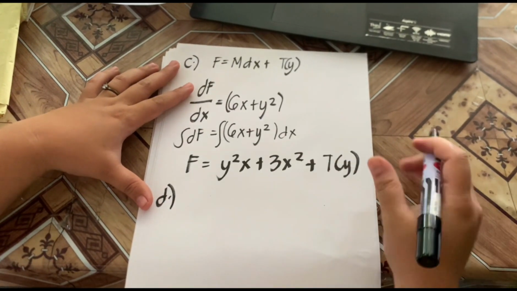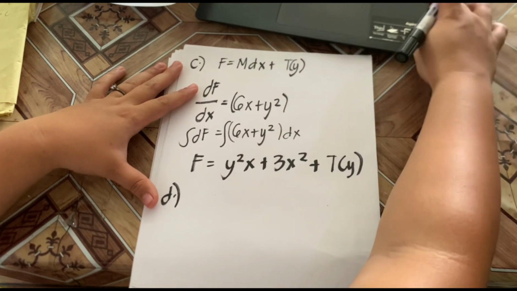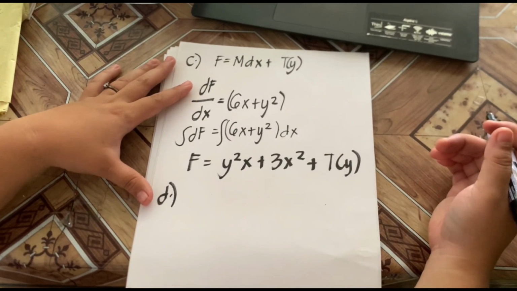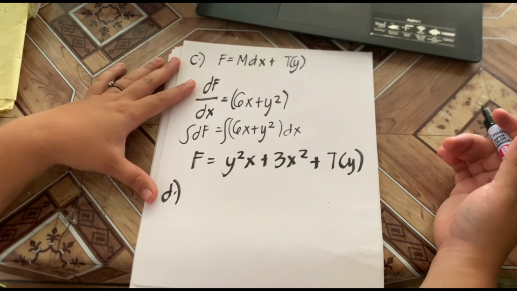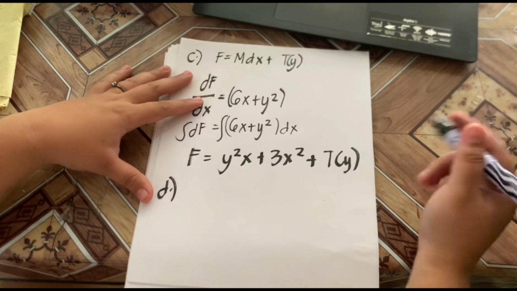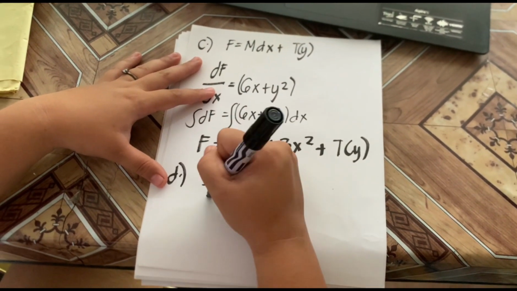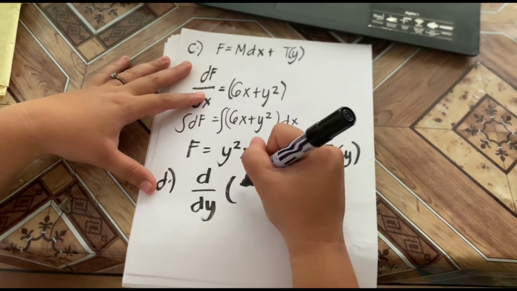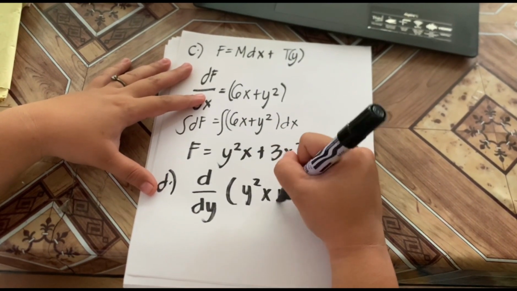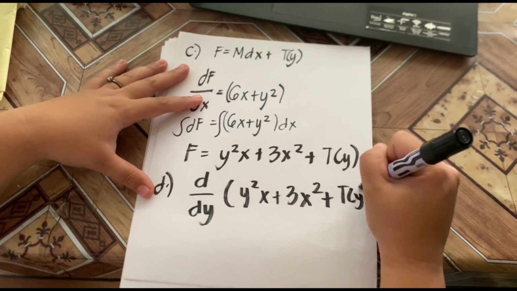On the fourth step naman, we will have the derivation. So we have to derive f equals M dx plus t of y with respect to y. So we are going to differentiate the answer of this. We have d over dy of y squared x plus 3x squared plus t of y.